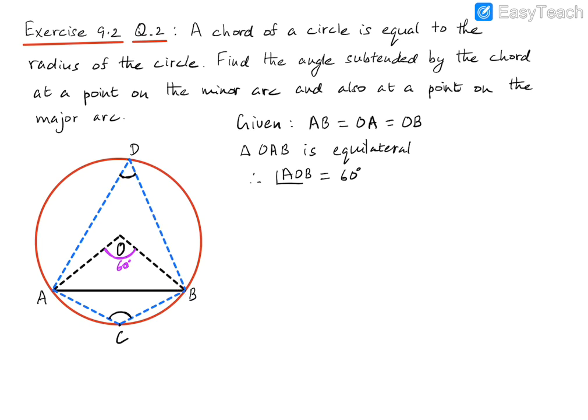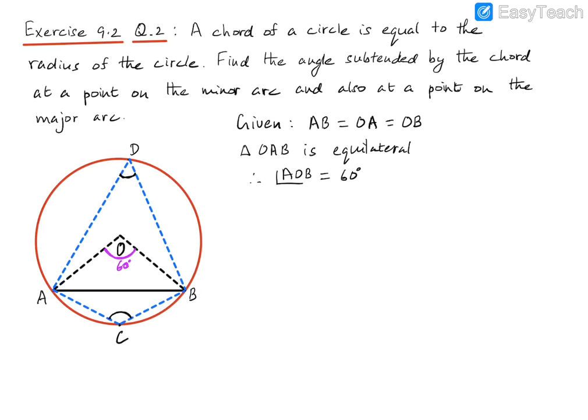So angle ADB should be equal to half of the angle AOB, because angle ADB is the angle subtended at a point on the circumference of the circle, and AOB is the angle subtended by the chord at the center of the circle.